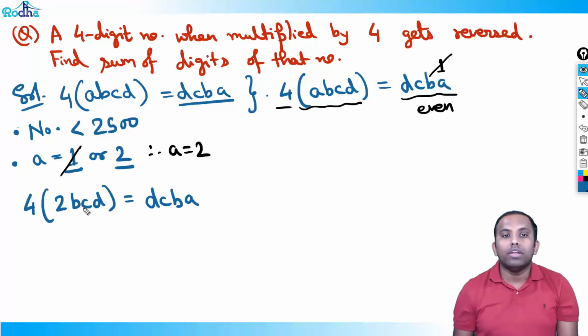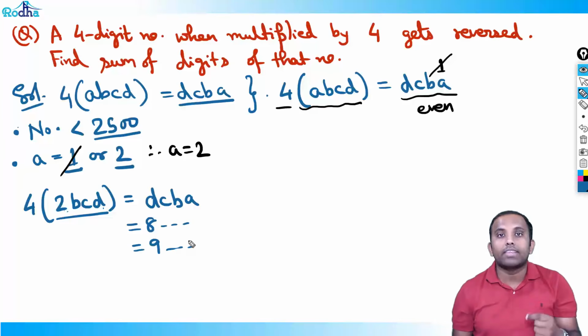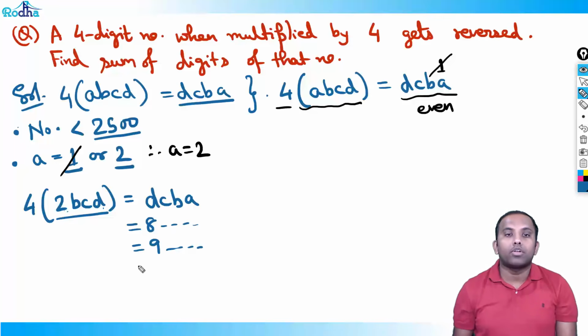So 2000 something into 4, and the number is less than 2500. So 2000 something into 4 is either 8000 something or 9000 something.